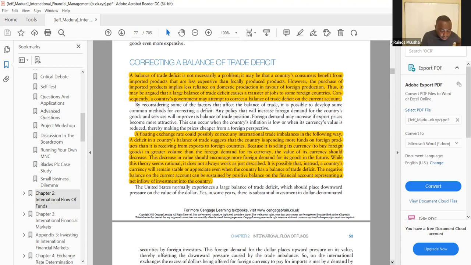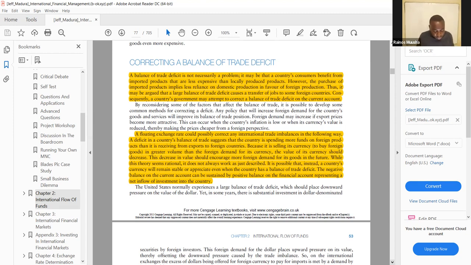Thus, it may be argued that a large balance of trade deficit causes a transfer of jobs to some foreign countries. Consequently, a country's government may attempt to correct a balance of trade deficit in the current account.